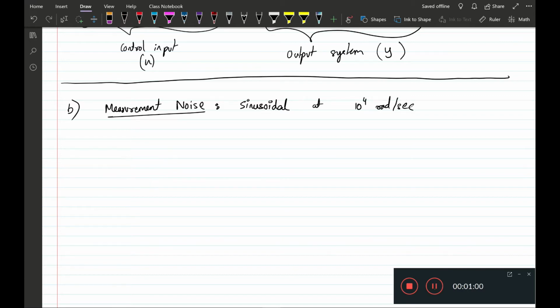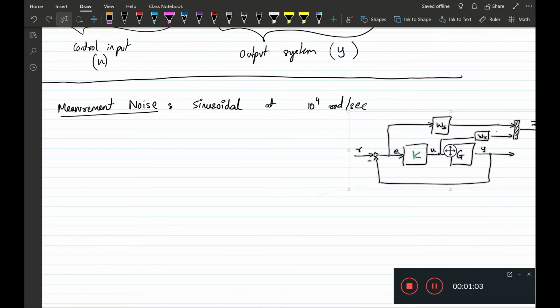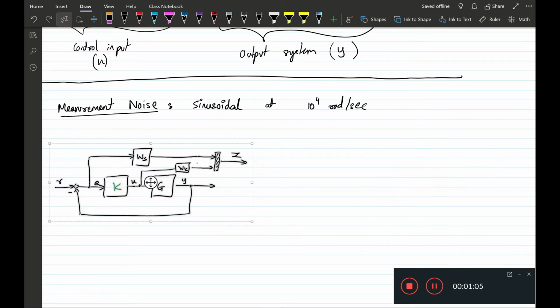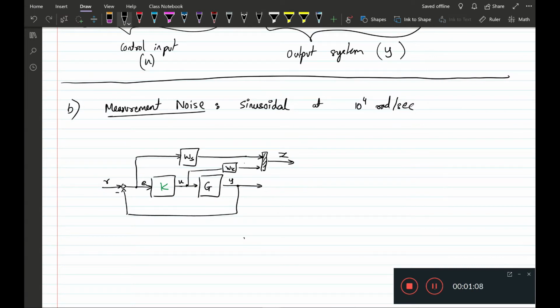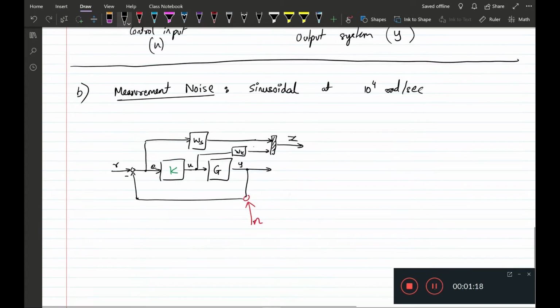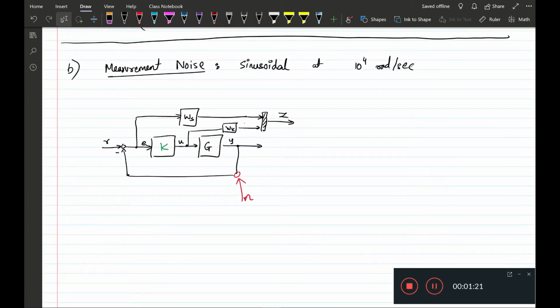If we bring this noise into our feedback loop, this was our feedback loop, and now we include noise N here. Note that this will be the same as including this noise here, so this would then be R minus N as the input at this point.